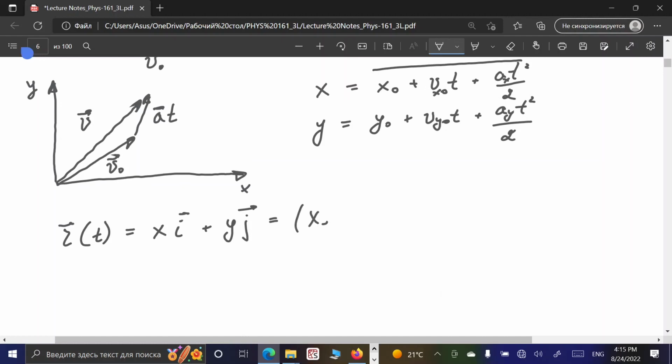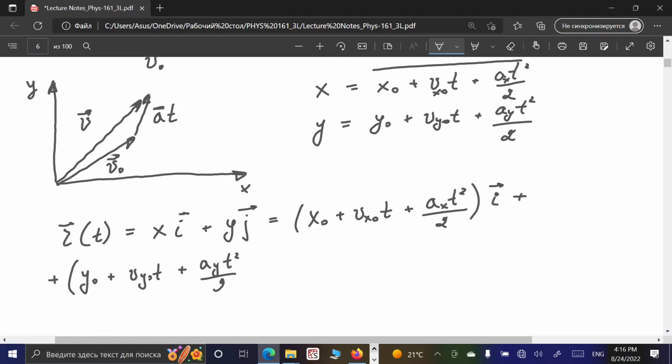So it will be x naught plus vx naught times t plus ax times t squared divided by 2, times i unit vector plus y component. So it will be y naught plus vy naught times t plus ay times t squared divided by 2, multiplied by j unit vector.